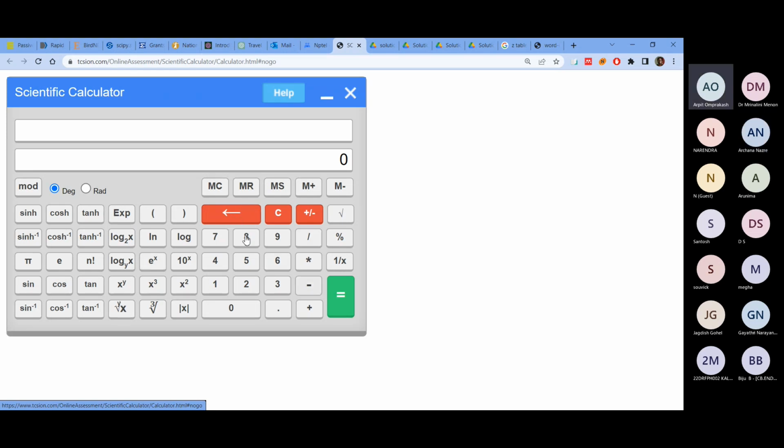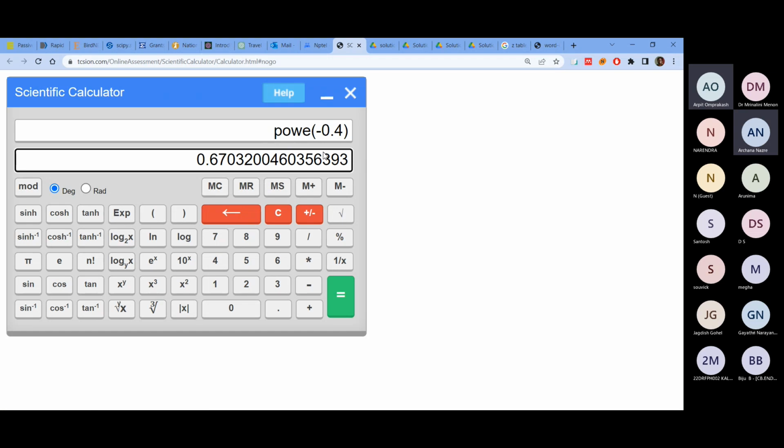So first you will write minus 0.4. Okay, sir, this you get. Then you press this e to the power x. Okay, that's all. Yeah, fine.